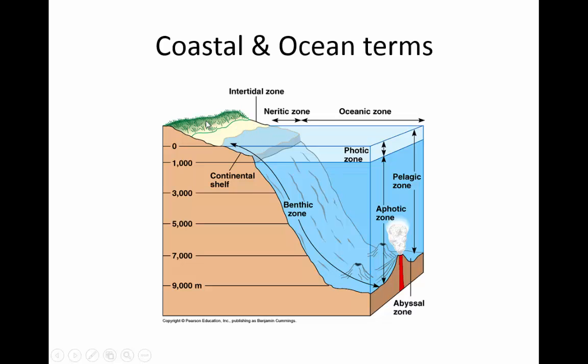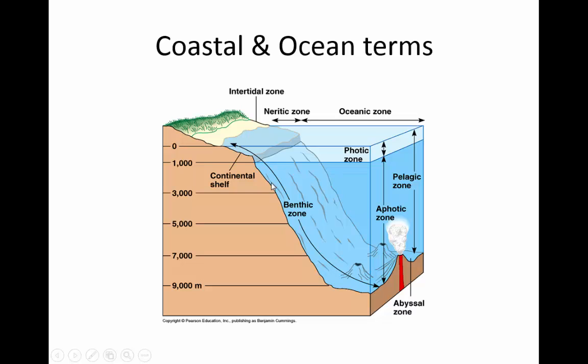The tides are crashing and receding and they're going back. It is a very difficult environment. It's rich in biodiversity, though, so there's a lot of diversity in the life forms that live here because you have this pure light here for photosynthesis.